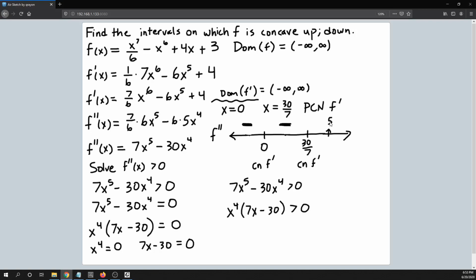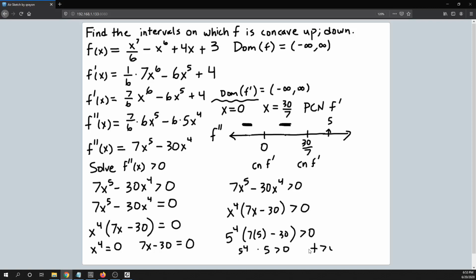So I'm just going to take this 5 and plug it in here. So I have 5 to the 4th, 7 times 5 minus 30 greater than 0. When I do that, I get 5 to the 4th, and 7 times 5 is 35. 35 minus 30 is 5, and so I get 5 to the 5th.